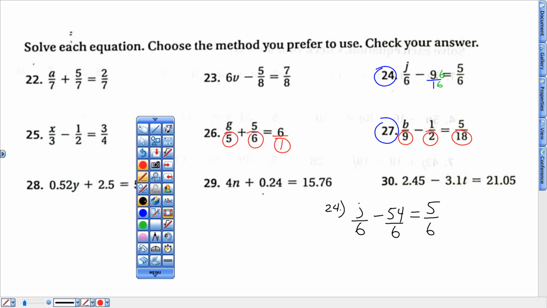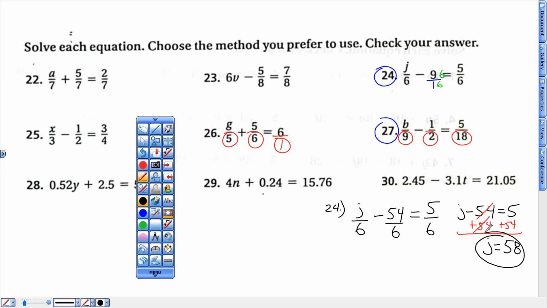So if I solve just the top part, I have j minus 54 equals 5. And then if I plus that 54 right there, that gives me what j is. J would have to be 58 for this problem to stay true.